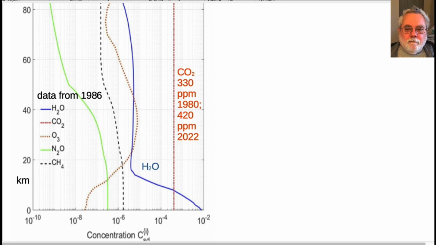This graph, from data from 1986, shows the concentration of different greenhouse gases in the atmosphere as a fraction of the number of total molecules in the atmosphere at different altitudes. The vertical axis is altitude. The horizontal axis is the log of the relative concentration.